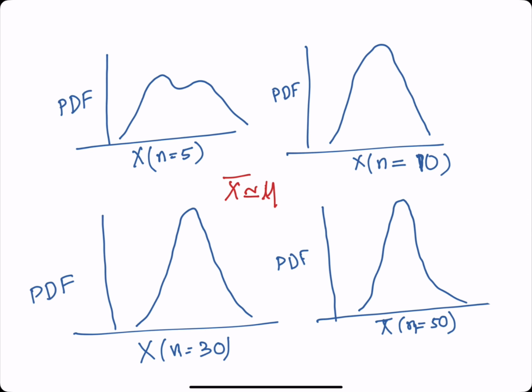Now, as we increase the number of samples, so here are the different plots for different numbers of samples, the sample mean, denoted by x bar, becomes increasingly closer to our population mean, denoted by mu. This happens because taking a larger number of samples reduces sampling bias and better represents the diversity of the population.